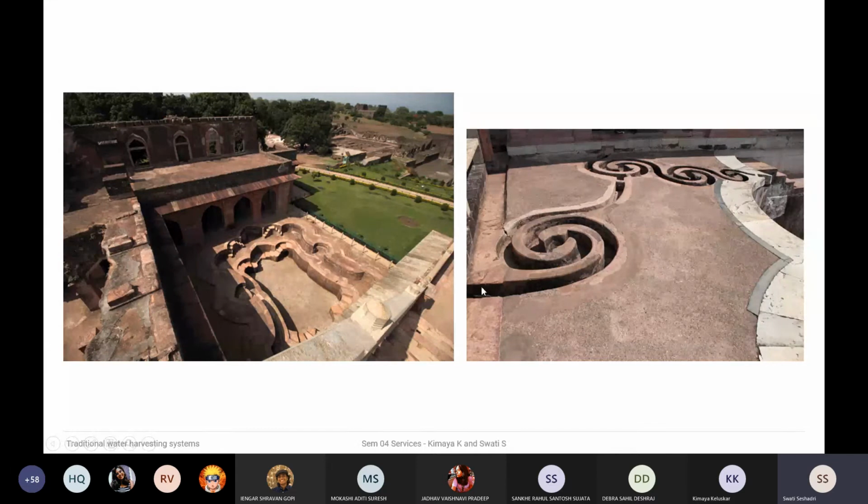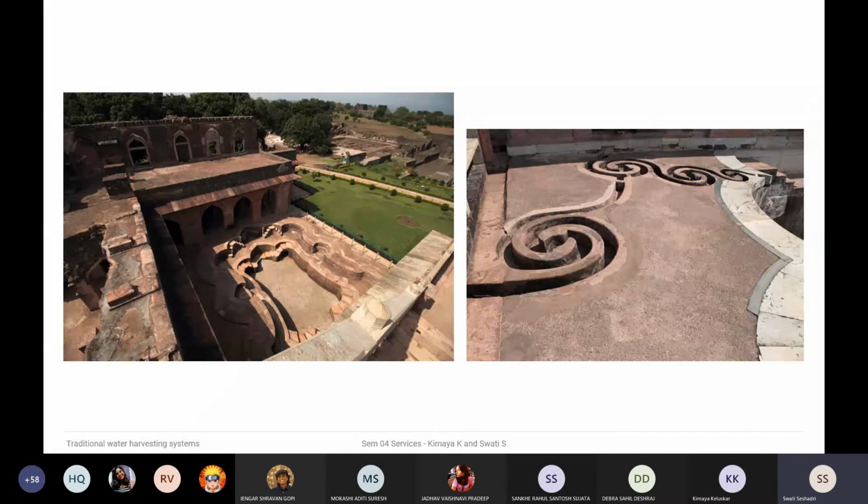Just as somebody who would question it and try to weave the narrative, it's possibly also allowing the water to slow down and trickle into the bath. When the king is sitting there, it doesn't have a gush of water. It's just slowing down how the water enters this pool.